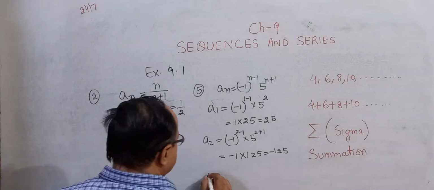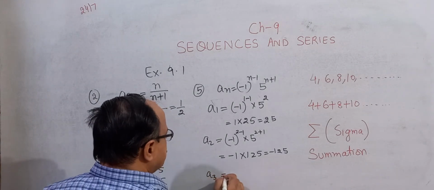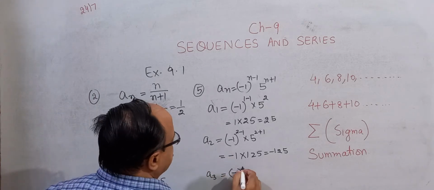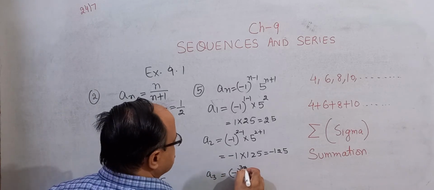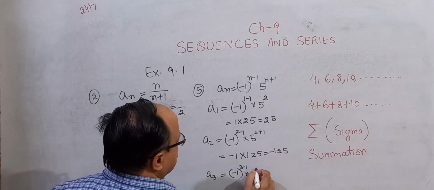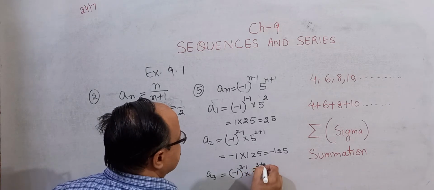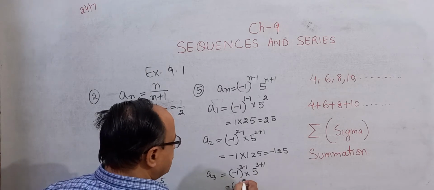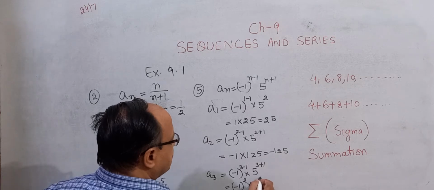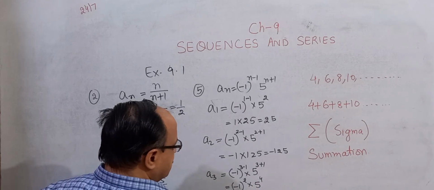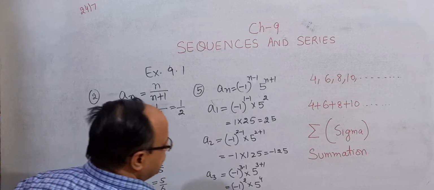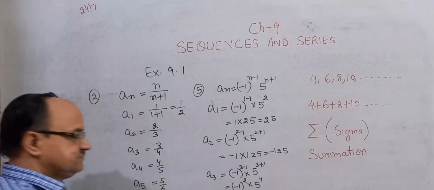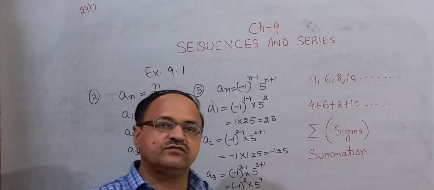Similarly, you can solve other terms. a3: put here minus 1 to the power 3 minus 1 and 5 to the power 3 plus 1. Minus 1 to the power 2 is 1, 5 to the power 4 is 625. 625 is the answer. Similarly, you can find a4, a5.